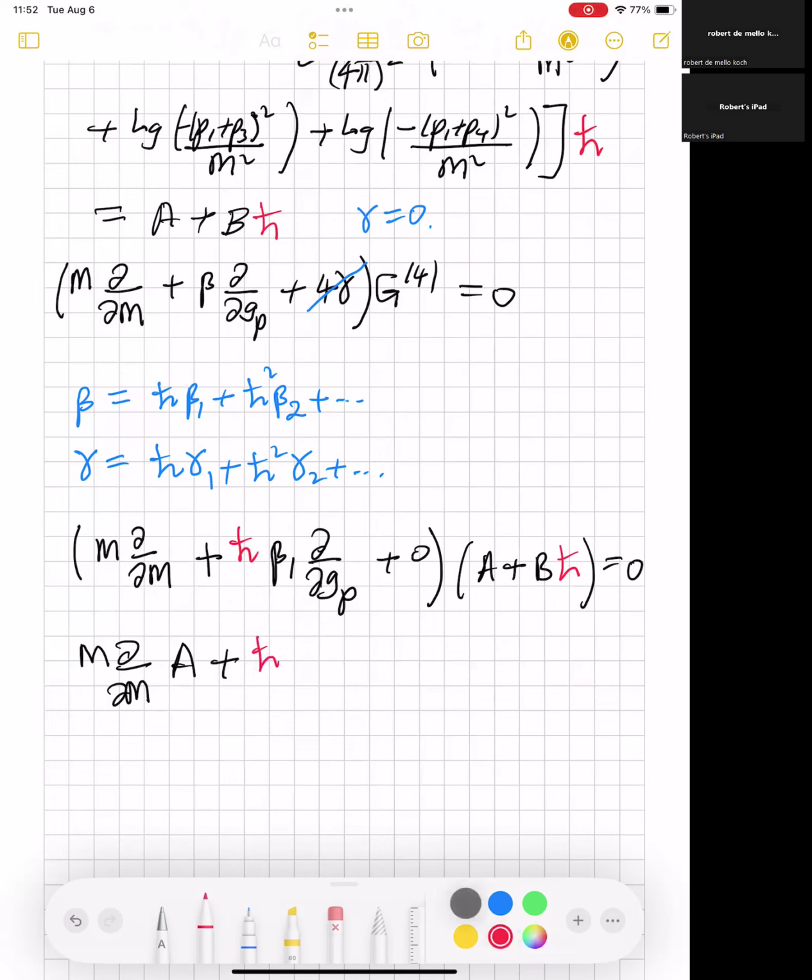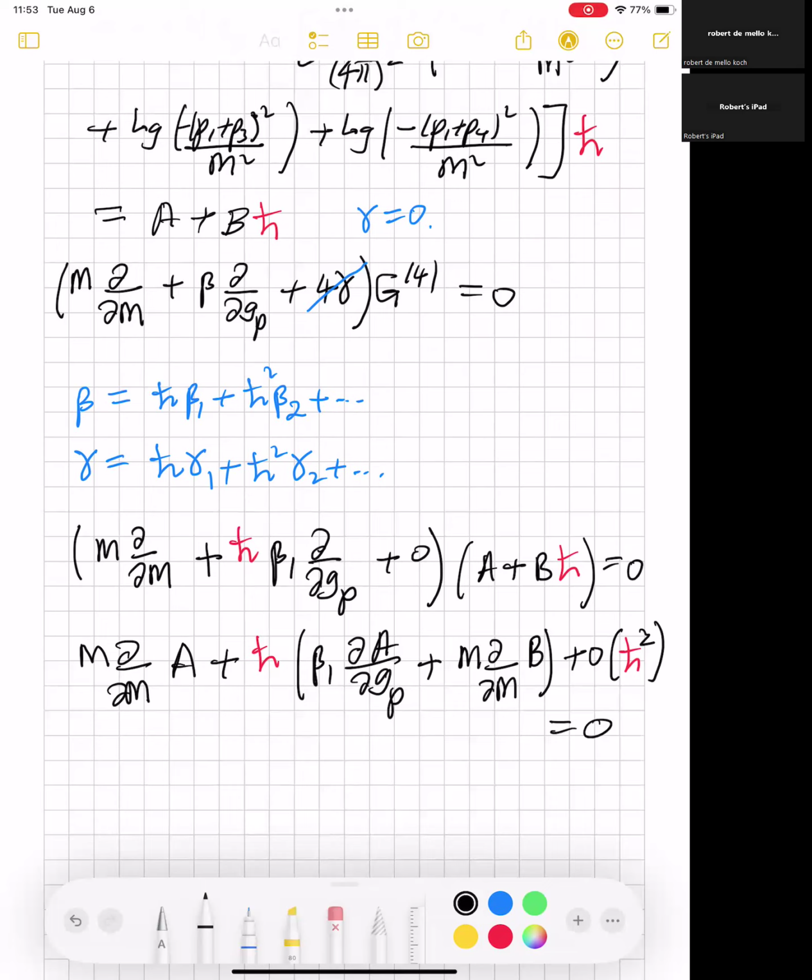For the ħ terms, we will have β1 dA/dGP plus M d/dM acting on B. And we'll have plus, let's say, order ħ squared, which we have not reliably calculated, so we can't consider those terms, and that will be equal to 0, okay?